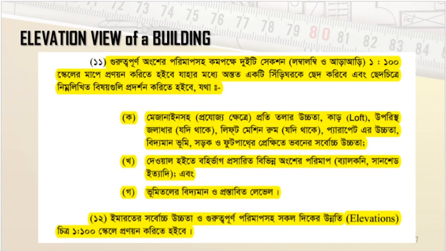There you can see the guidelines for the elevation view of the building. In both cases, section and elevation views, the guidelines are shown. Although we are not focusing on the section today, we will discuss the section view of a building in the next class, hopefully, inshallah.